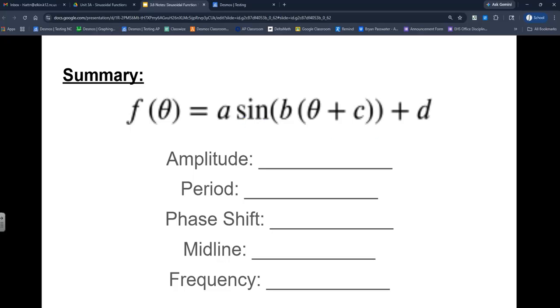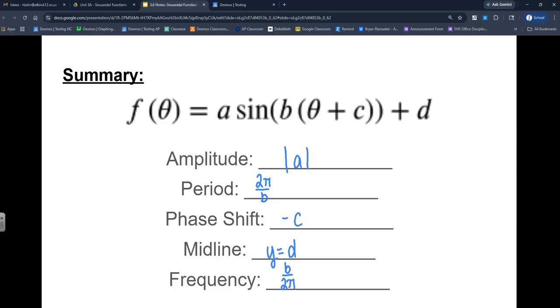The amplitude is going to be the absolute value of A. Period is going to be 2 pi divided by B. Our phase shift is going to be the opposite of C, so negative C, meaning that if I have a positive C, then I would actually go in the negative direction, or left C. My midline is always y equals whatever the D value is. And then frequency is just the reciprocal of the period, so that's going to be B over 2 pi.